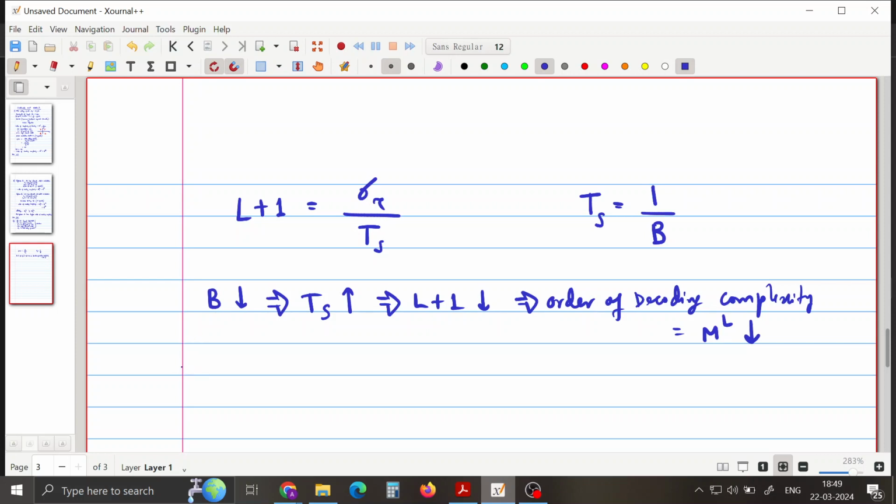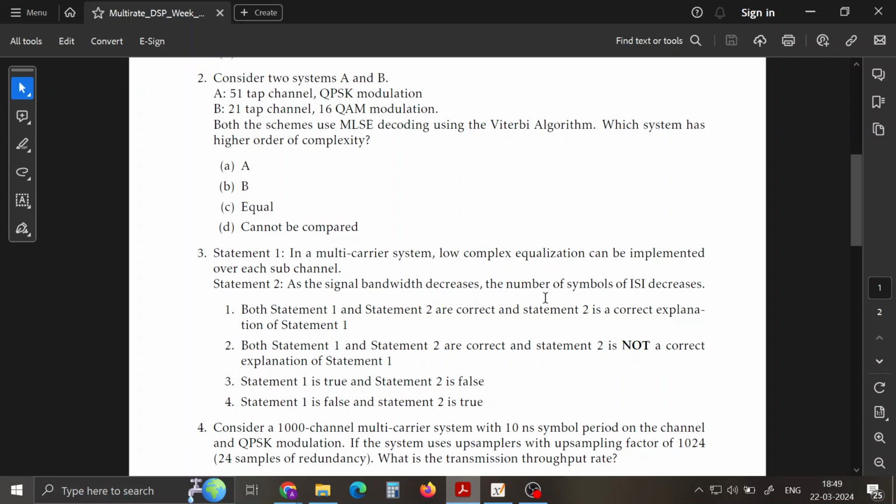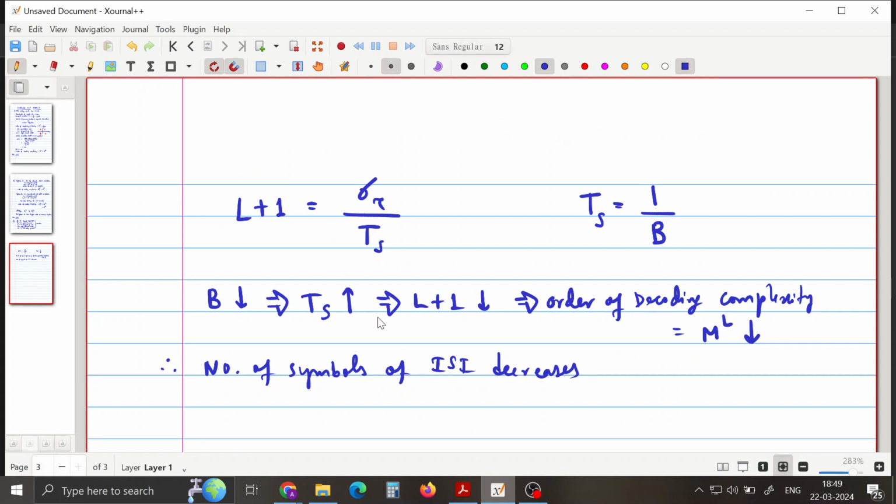So the outcome of statement 2 is that on decreasing the bandwidth of the signal, the number of symbols of ISI decreases. That's true, and that was actually the claim of statement 2 only, right? Statement 2 told us as signal bandwidth decreases, the number of symbols of ISI also decreases. So that we have verified mathematically.